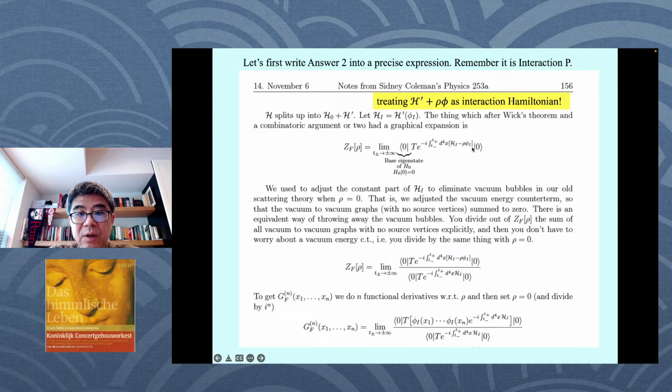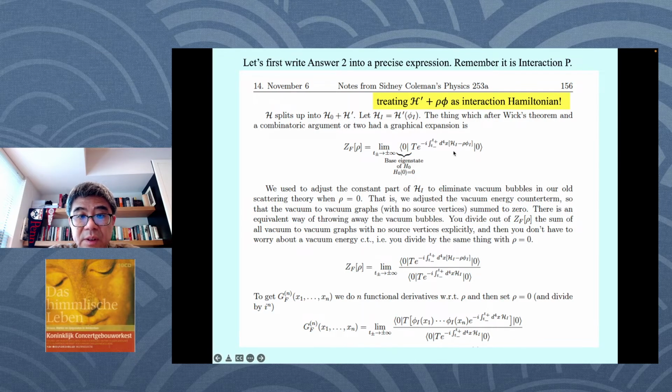Again, remember the interaction Hamiltonian consists of the original interaction and rho phi, the source interaction we just introduced. This is a very standard Dyson formula I talked about 2 weeks ago.